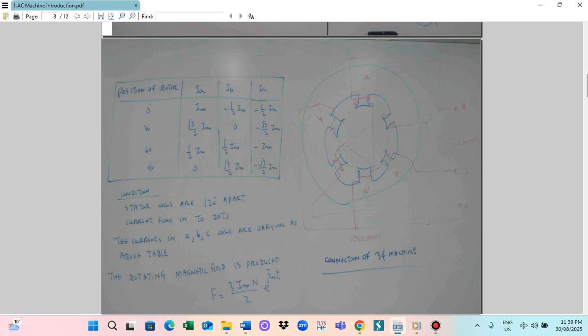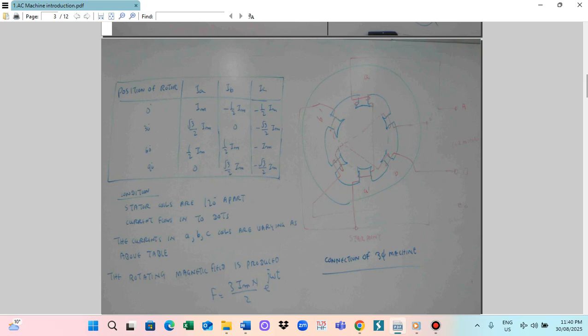So this is the position of the rotor, and this one will be the IA, IB, and IC. When the position of the rotor is 0, IA is the maximum I_m, IB is minus half I_m, IC also is minus half I_m. So this is for rotor position 0.